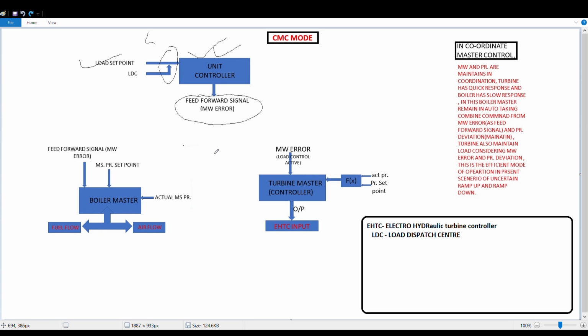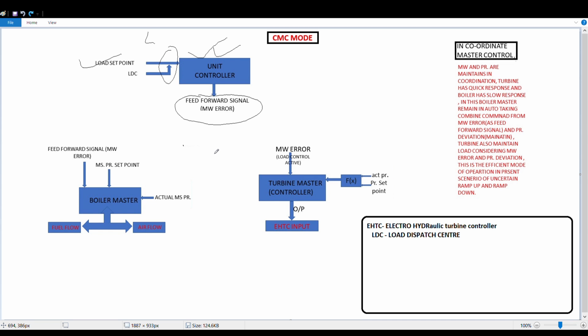So in the CMC, what happens? There is a coordination. A feed forward signal is fed to the Boilermaster, as I told you earlier also. Before we just get load, simultaneously we are also feeding the boiler. We are anticipating what will happen in future: if we increase load, then the MS pressure will decrease, and to increase the MS pressure we have to feed fuel.